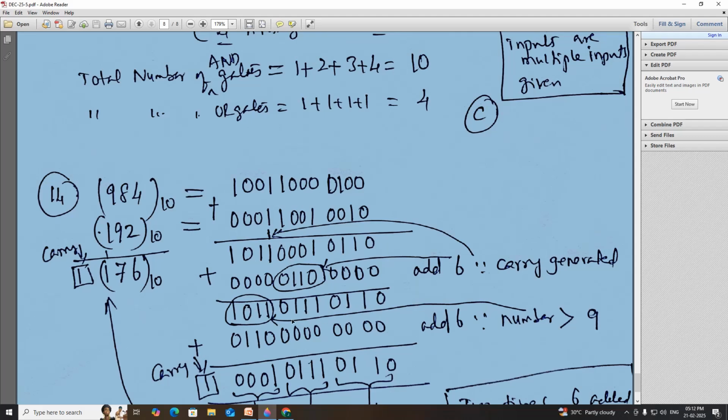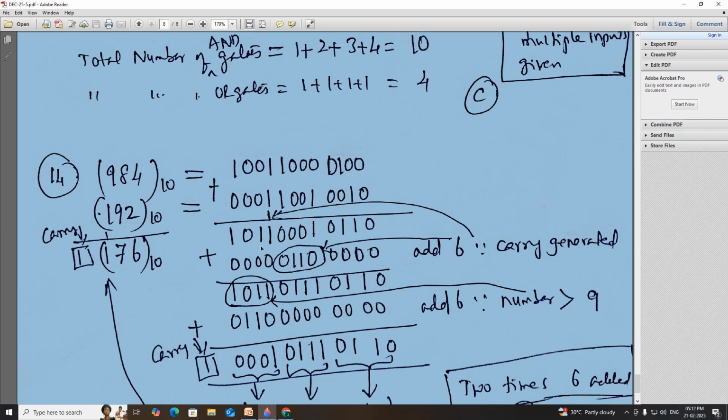That will give me this particular number. So again, what has happened? After adding these two numbers, we add simply 6, because a carry is generated here from adding 8 and 9. Then after adding, this number is greater than 9, which is not a BCD digit.